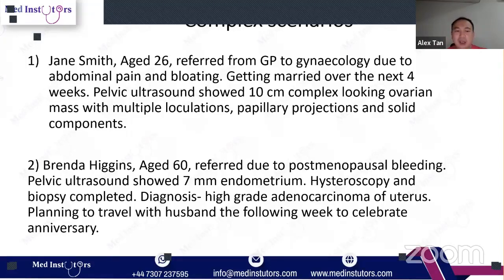Doctor, I came back because I received a letter about my results from my camera test. Can you tell me what it is? Brenda, have you got anyone with you whom we can discuss the results with alongside you? Just because I'm going to be giving you some really important information. No, my husband doesn't drive.